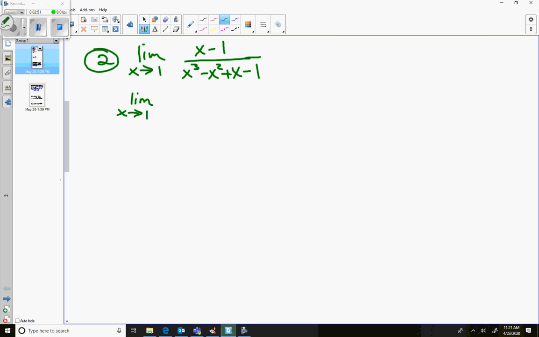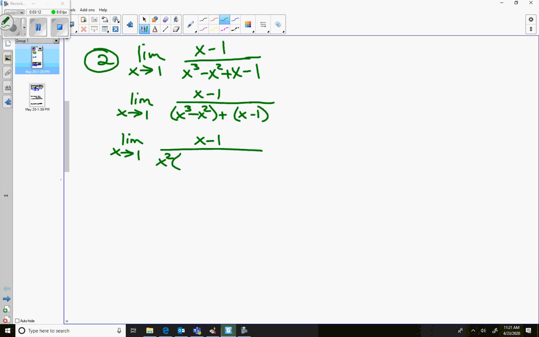All right, so again, we're going to factor. 4 terms in the denominator, just do grouping. I would just keep it simple and group the first 2 and group the last 2. So we still have the limit as x goes to 1. X cubed minus x squared, factor out an x squared.